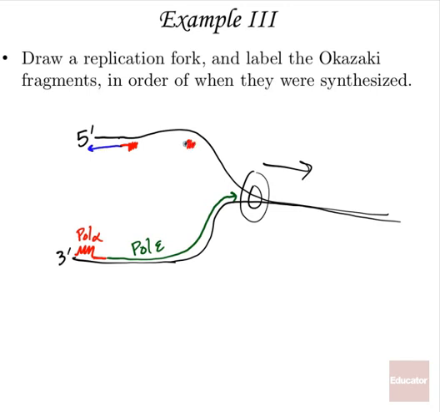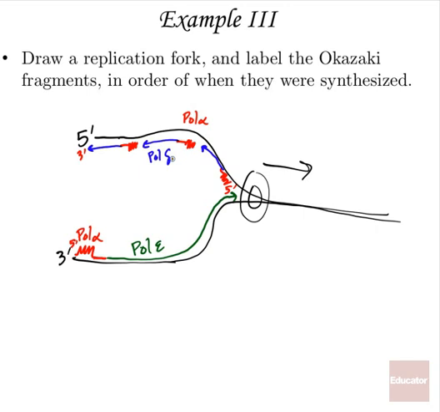Primer, a little bit of DNA, DNA synthesis. Primer, little bit of DNA, DNA synthesis. Let's not forget, the red is pol alpha. The blue over here is pol delta.